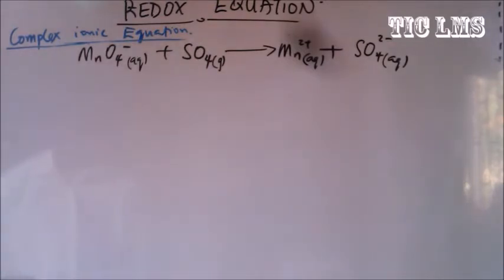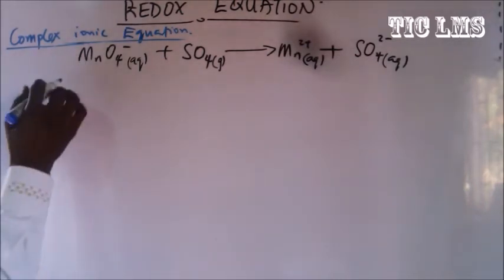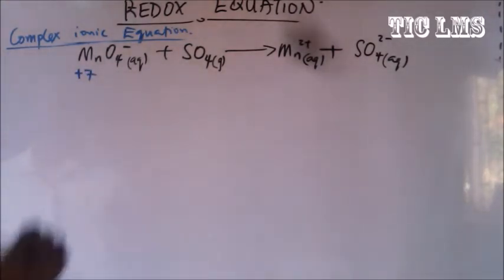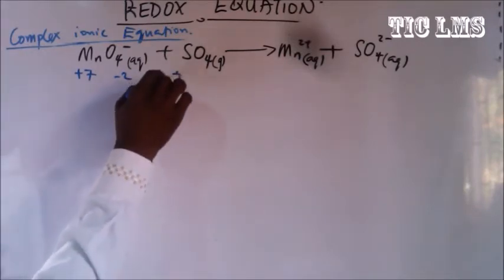So let's proceed. First, we need to write the oxidation number of each of the elements. Over here, the oxidation number of manganese is +7, oxygen is -2, sulfur is +4.